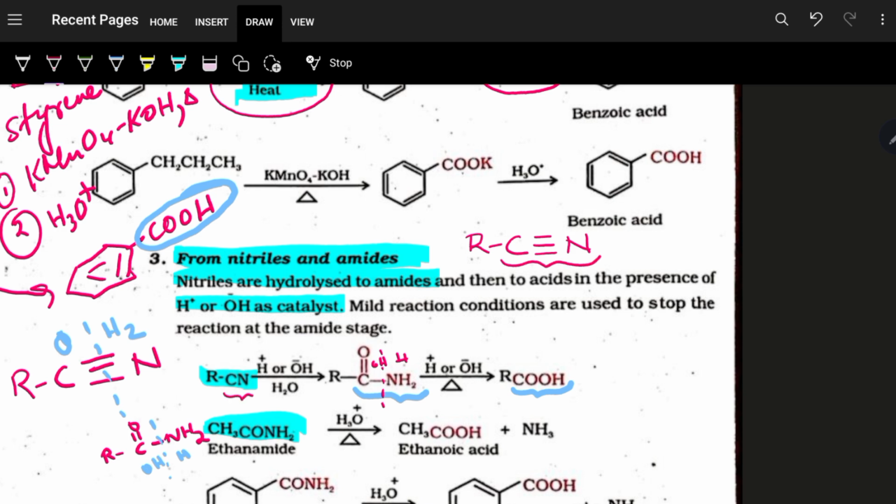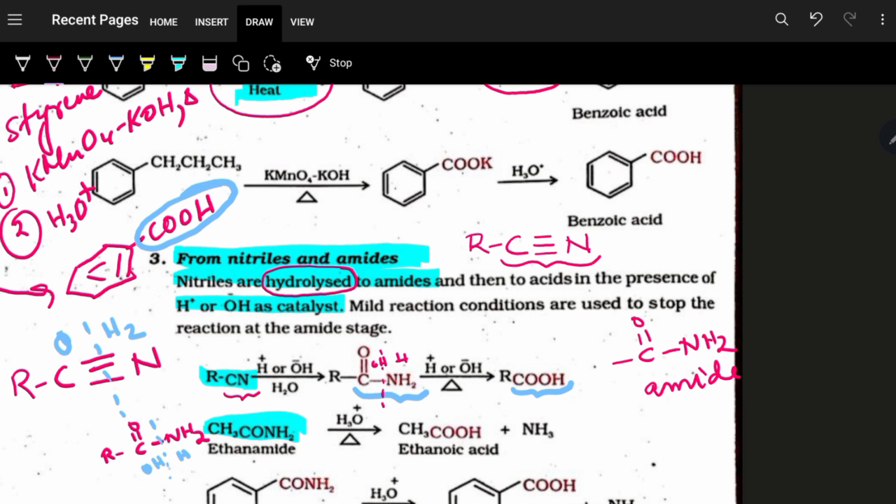It is a hydrolysis method where it is hydrolyzed first to amide. Amide means C double bonded O NH2 linkage. This is known as amide linkage, and then it is converted to acid in acidic or alkaline medium as the catalyst.